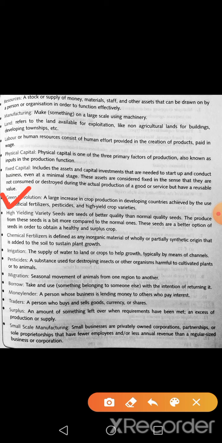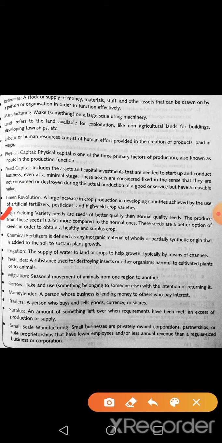A large increase in crop production in developing countries achieved by the use of artificial fertilizers, pesticides and high yielding crop varieties. These include the green revolution things for growing crops in a large quantity.